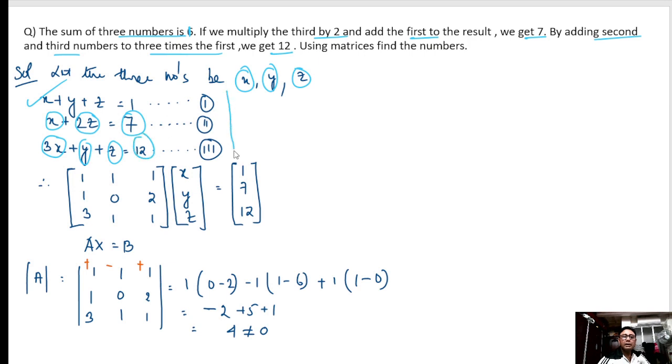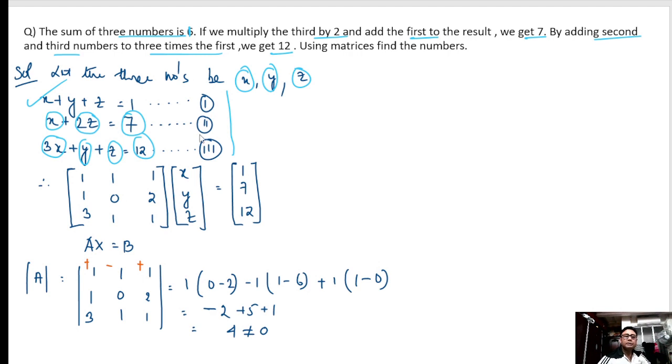So these are our 3 equations. So here we can see that our matrix A will be this: 1 1 1, 1 0 2, 3 1 1.